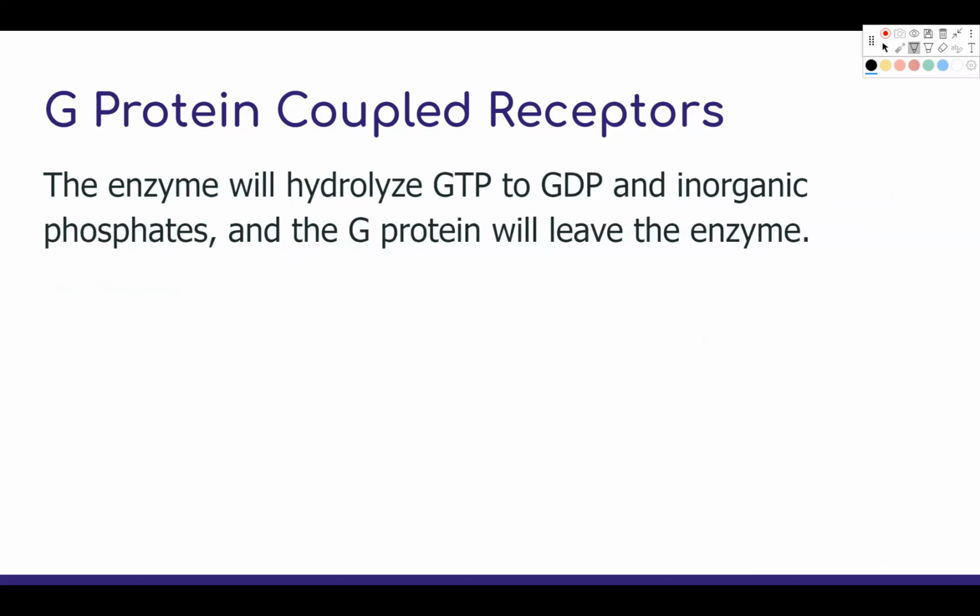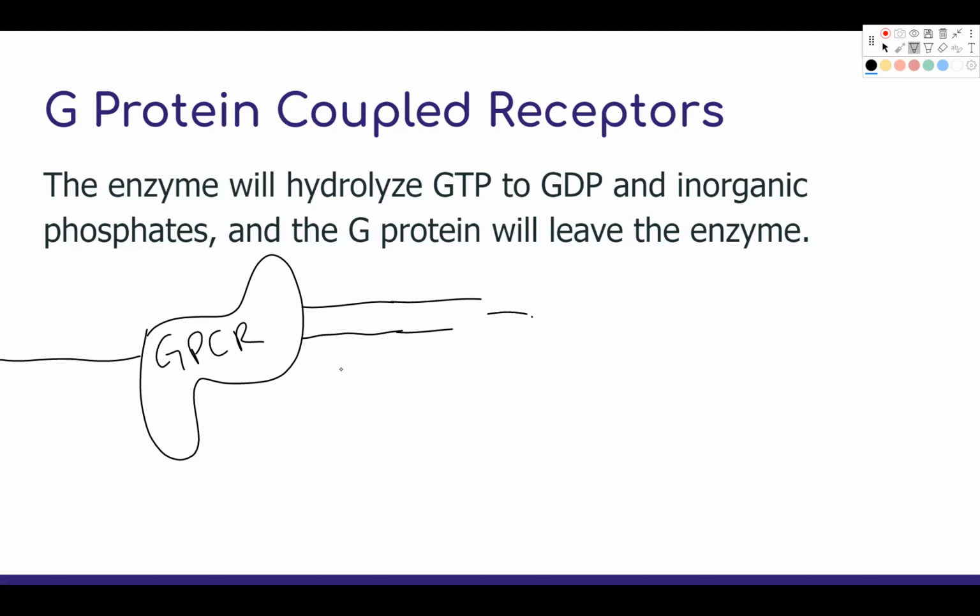But now that we have our response, that activity from the activated enzyme takes energy, right? So it's going to take that GTP and hydrolyze it to GDP to use that energy that's stored there, just like we do with ATP. So our G protein coupled receptor is still just chilling here. It's not doing anything right now.